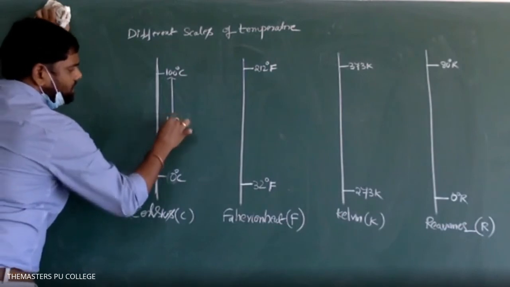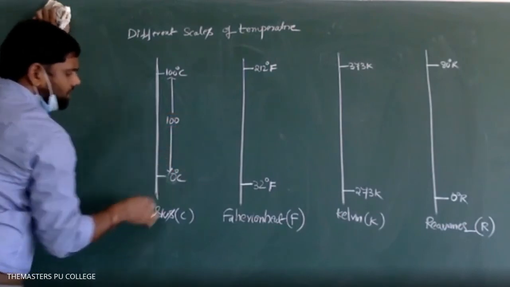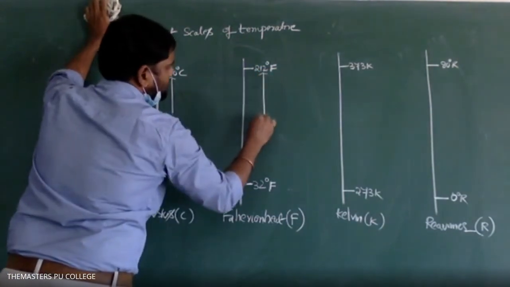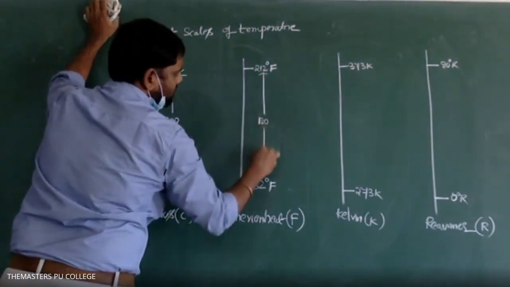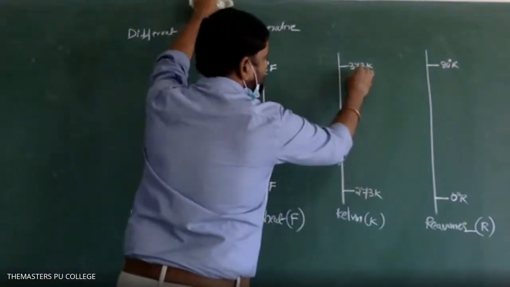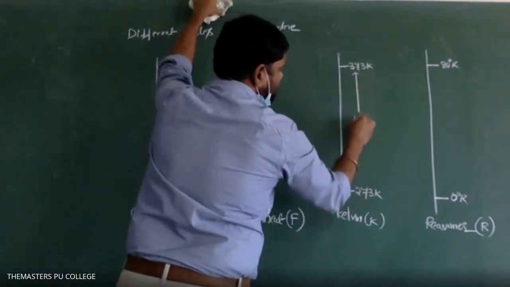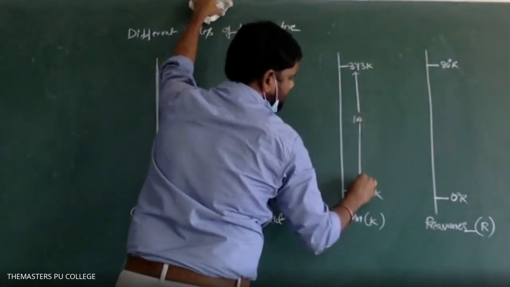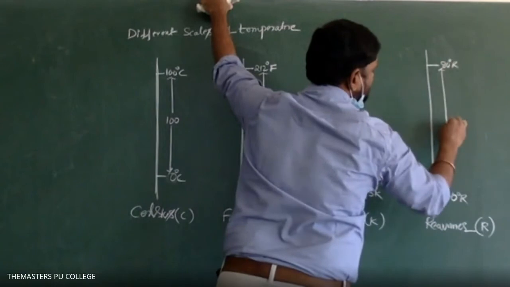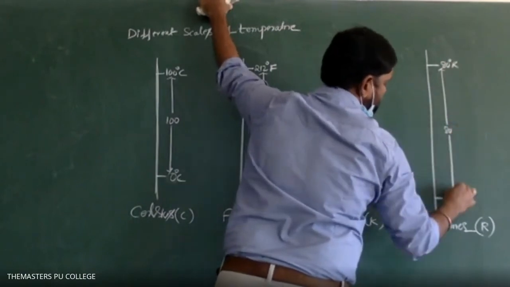There are 100 divisions between LFP and UFP. In the Fahrenheit scale, there are 180 divisions. In Kelvin scale, there are again 100 divisions between LFP and UFP. Hence, here 80 divisions are there.